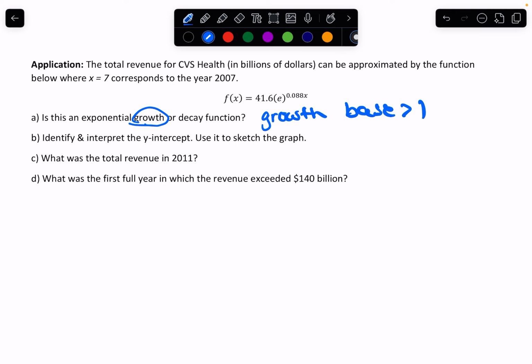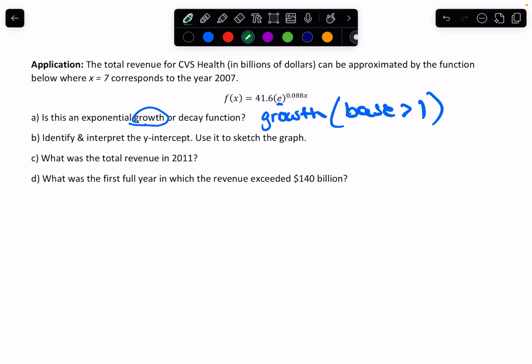Remember that we're looking at the base. So e, the natural number e, is greater than 1. Okay, B, identify and interpret the y-intercept. Use it to sketch the graph.